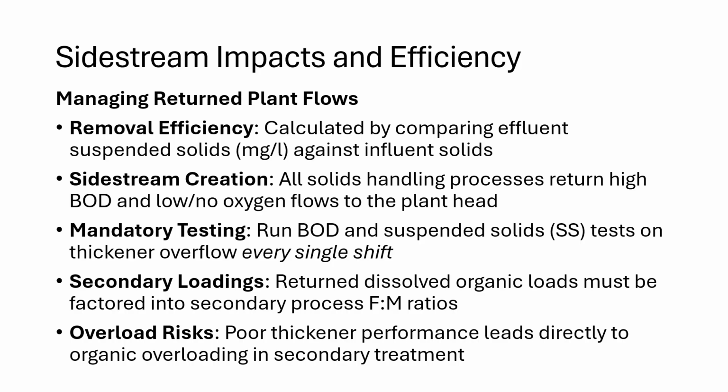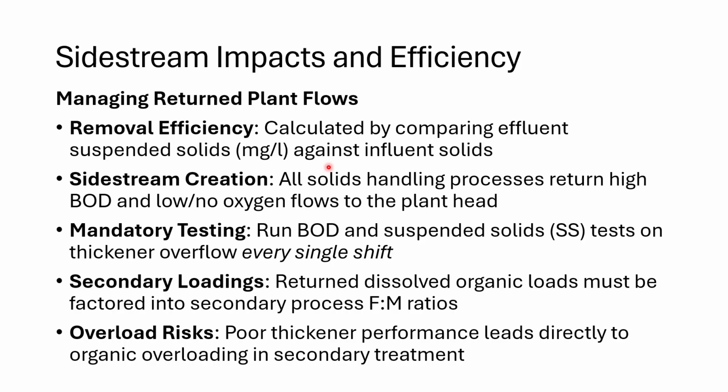Okay. And we are looking at effluent and suspended solids in milligrams per liter against the influent solids. Okay. So that's how basically we're comparing effluent, which is what's going out, our suspended solids are what's going out, versus the influent, what's coming into our plant. That's going to help us determine our efficiency of our removal process.